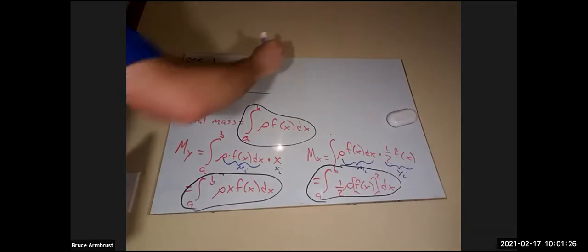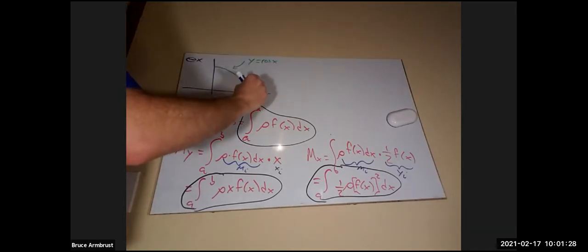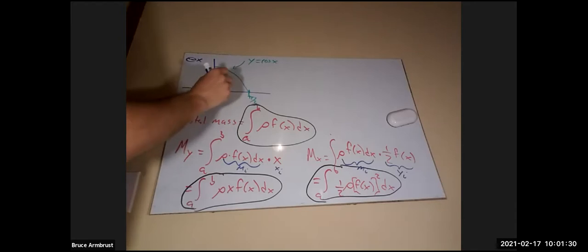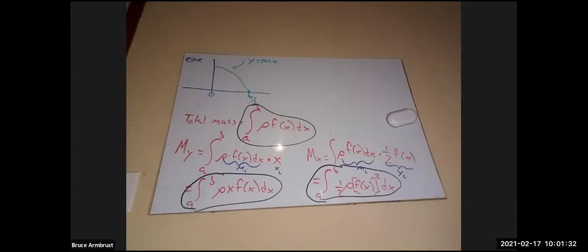So this is y equals cosine of x, 0 to pi over 2. You've seen that shape so many times. The question is, where is its center? Let's find these three things, and then we'll use them to find our center of mass.